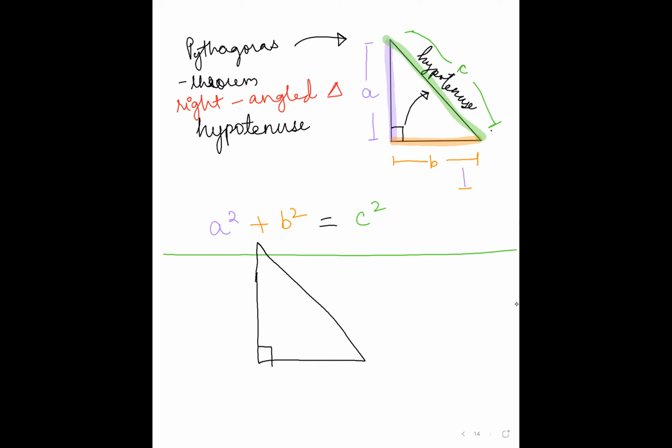Let's say you have a right angled triangle where one side is 5 centimeters. The other perpendicular side is 12 centimeters. Can you tell me what will be the hypotenuse?